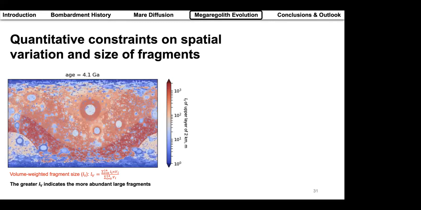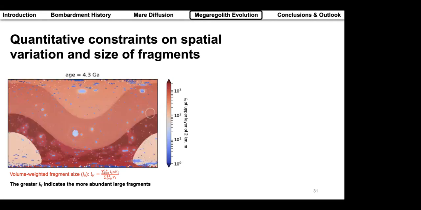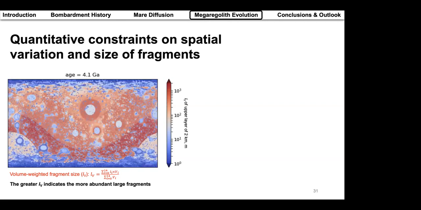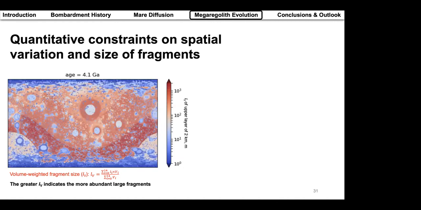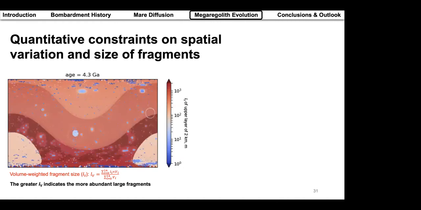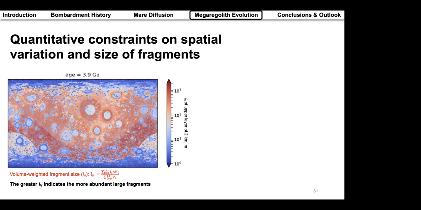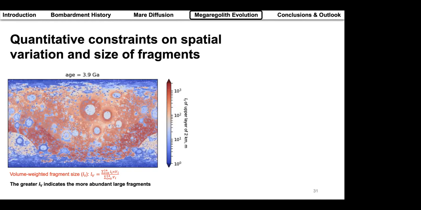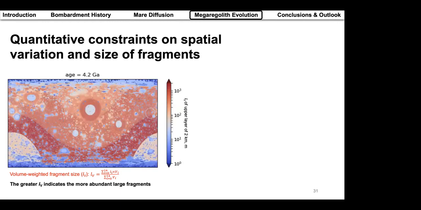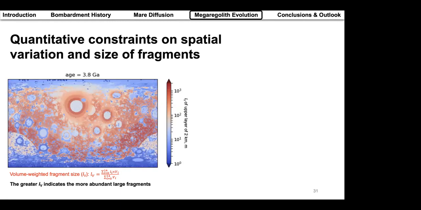You can take it in a very simple way: the greater the value of LV, the more significant the contributions from the large fragments, and the smaller values indicate the major role of small fragments.